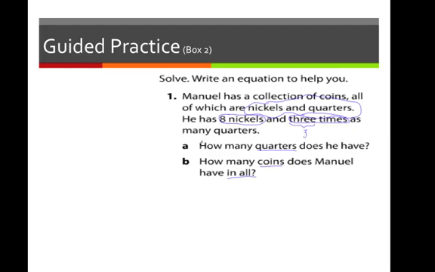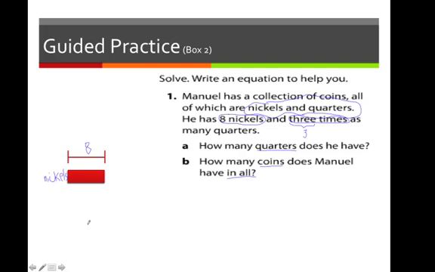So now I need to draw my bars to represent the information that I do know, which is the 8 nickels. So I'm going to draw my bar, and I'm going to label this bar nickels. Okay, and I know that there are 8 of them. 8 nickels.